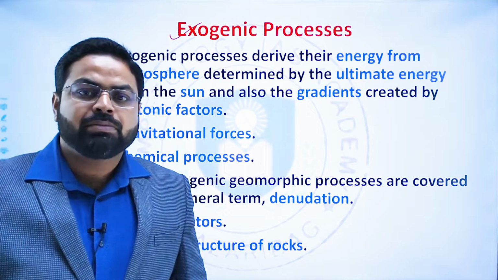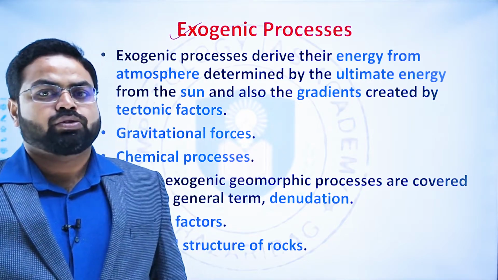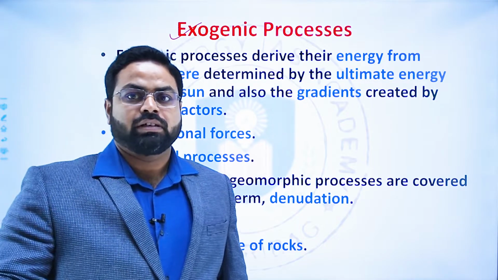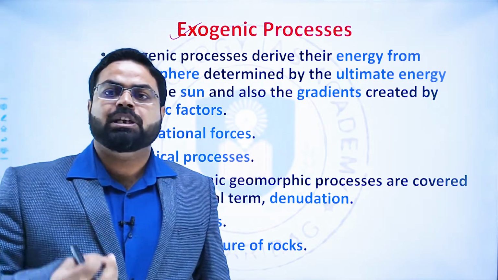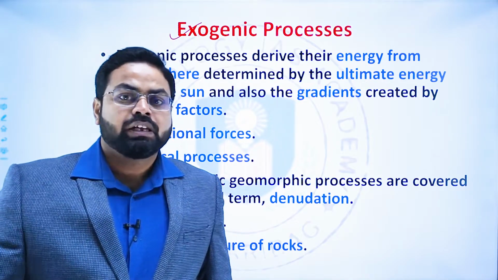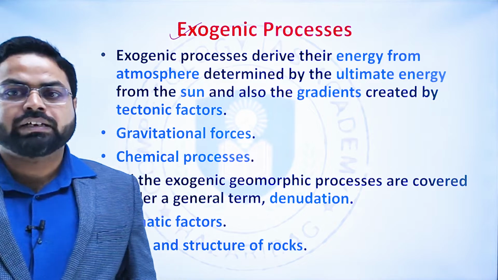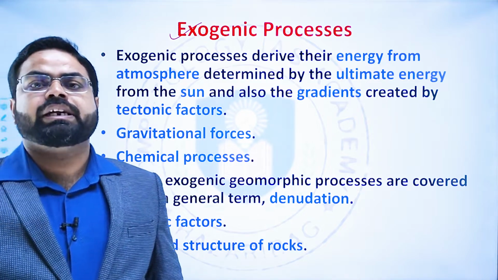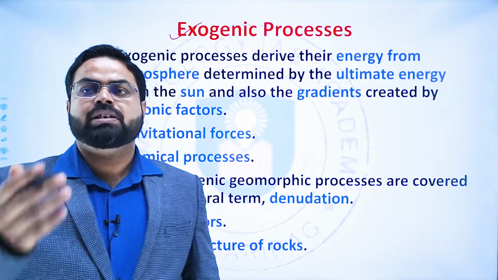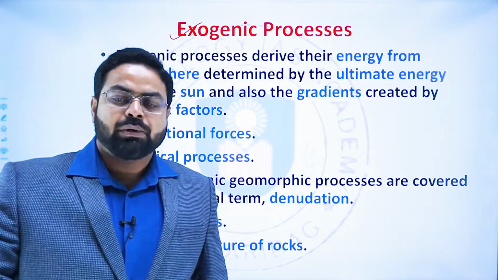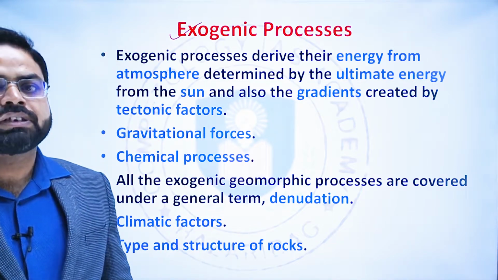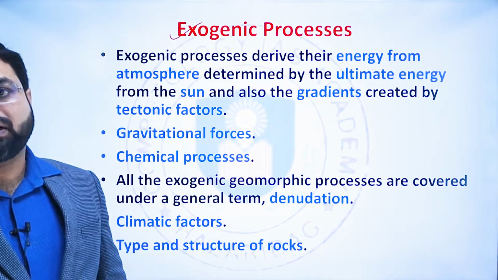And the prime source, the major source of such activities is the sun, because of the energy provided by the sun on the surface of the earth in the form of insolation, which causes various energy gradients, temperature differences, etc., because of which there is flow of wind, and because of which we find various physical changes on the surface of the earth.